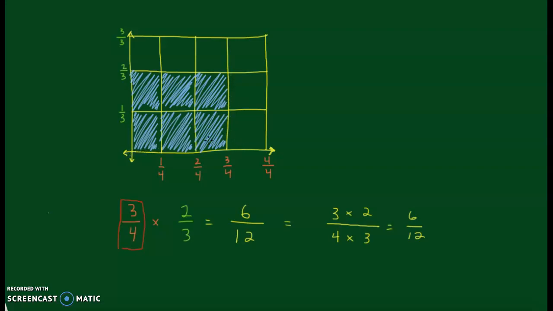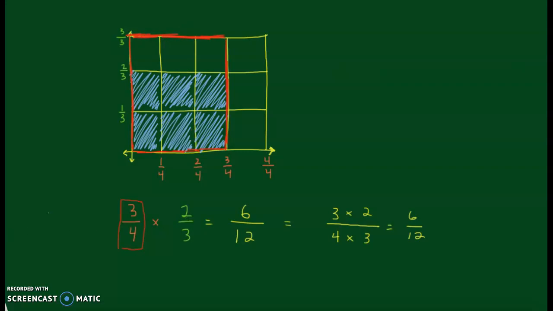My fourths are along the bottom here. So I'm going to trace around what would represent 3/4 of the entire square. These red lines here are going to go around what is 3/4 of the entire square. Now, of this 3/4, I'm only finding 2/3 of that.